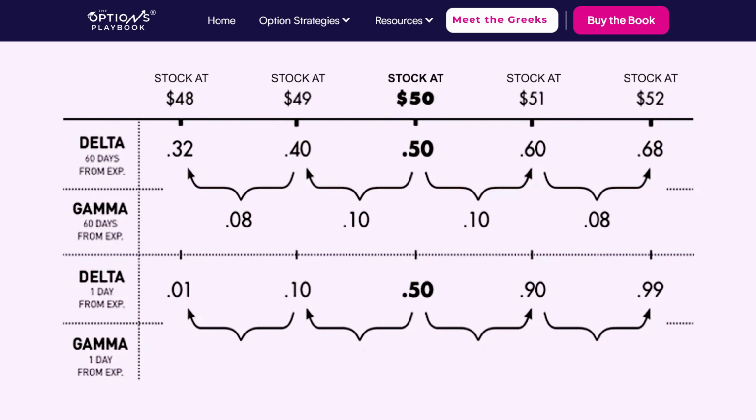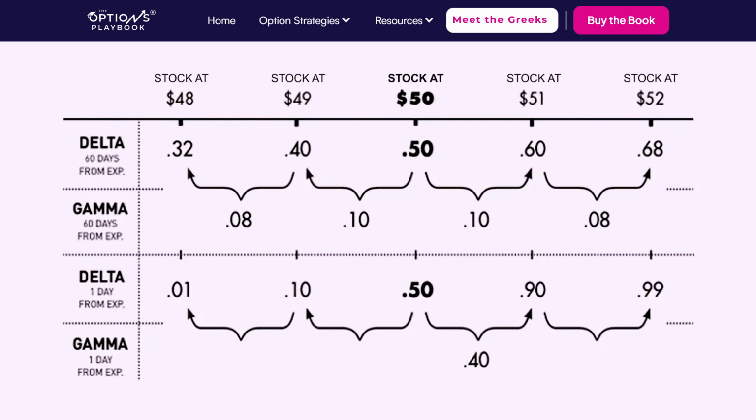And if that stock does move, though, gamma is going to say that delta is going to explode in either direction. If the stock goes up 1, gamma in our example here says that the delta is going to move by 40 cents, 0.40.